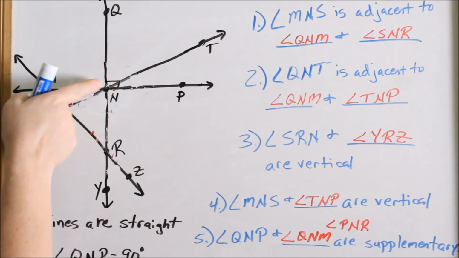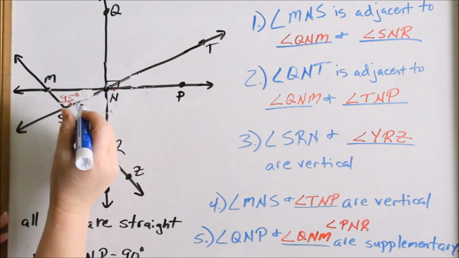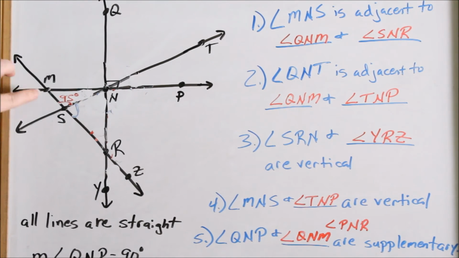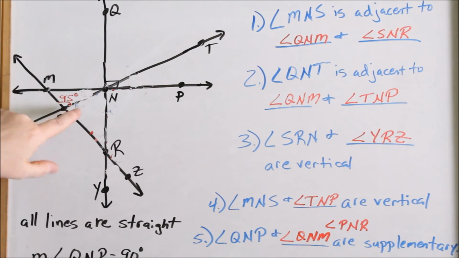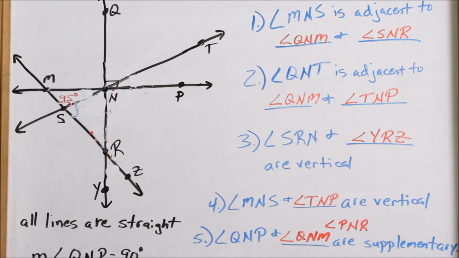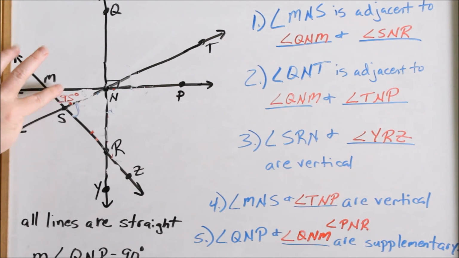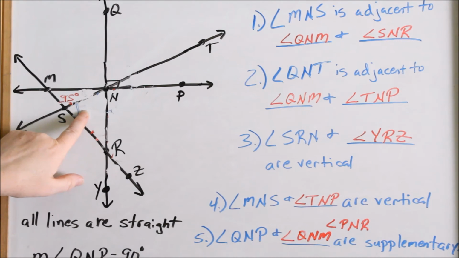NSR, following your fingers, NSR. That's that blue angle right there. What do we know about the red angle plus the blue angle? They form a straight line. A straight line is 180 degrees, which means they are supplementary. So 95 plus this angle have to add up to 180 degrees, which means this angle has to be 85.